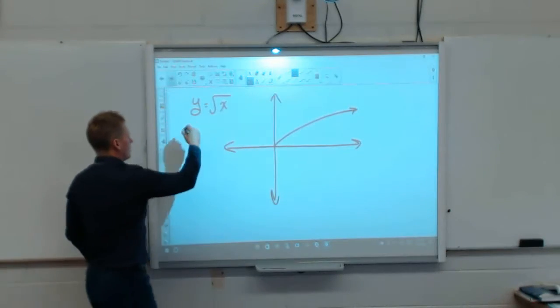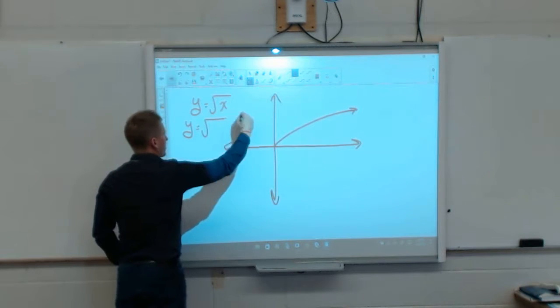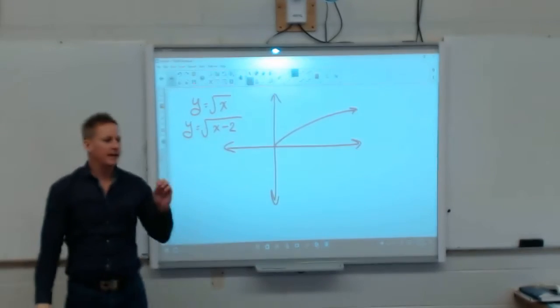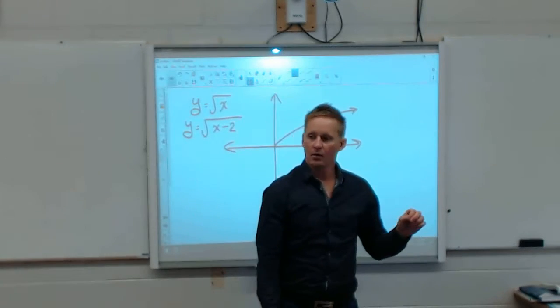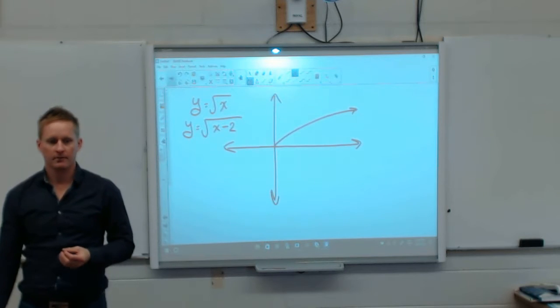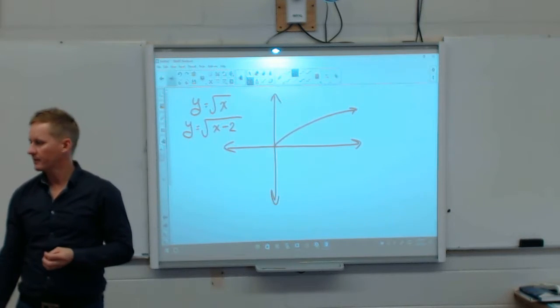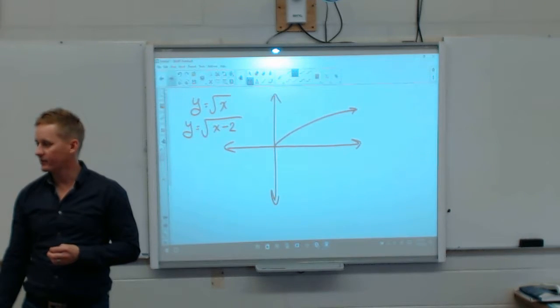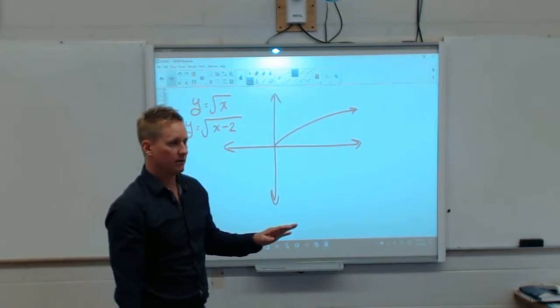Okay, so now y is equal to the square root of x subtract 2. So with what I said to you, what direction do you think this is going to move? To the right, up. Well, to the right at least. To the right at least? Yeah. I'd say to the right at most. There's no vertical change here.